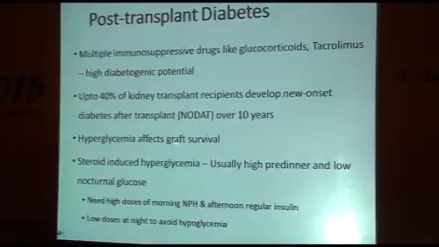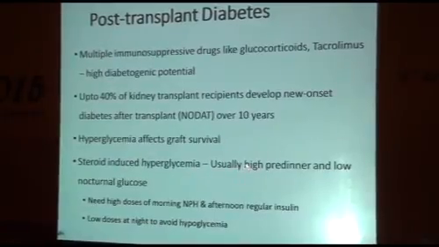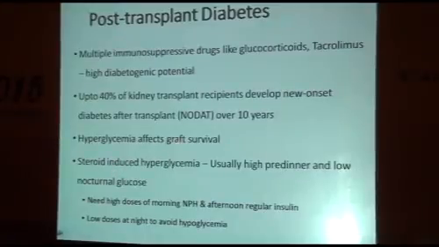So hence that's important. When it comes to steroid-induced hyperglycemia, steroids will be used in high doses in these patients. Usually these people will be on early morning high dose steroids. With early morning steroids, they will most probably have higher post-lunch or pre-dinner glucose.